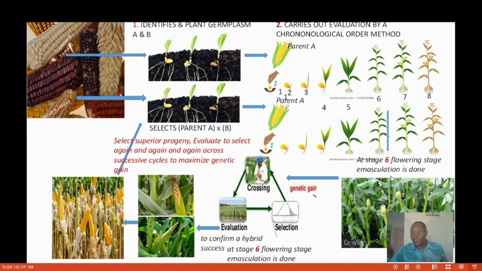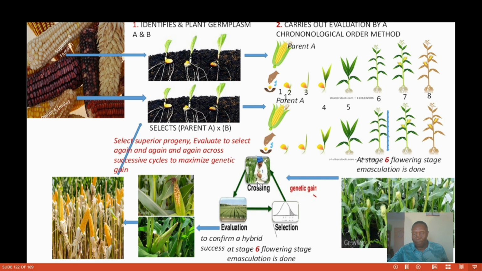And we have to make these plants female and male. We do that by emasculation. Then when we have done that, we can now cross the preferred parents that we identified here.